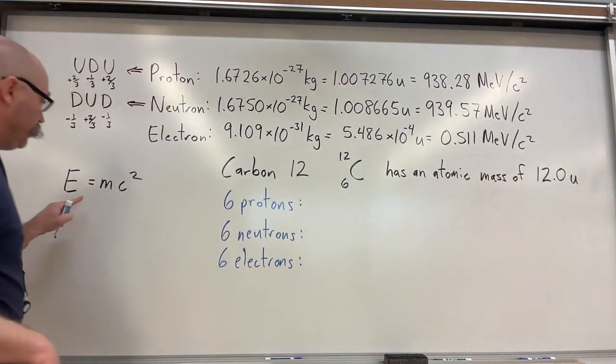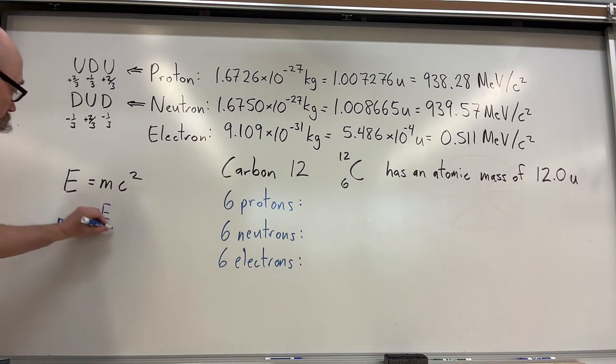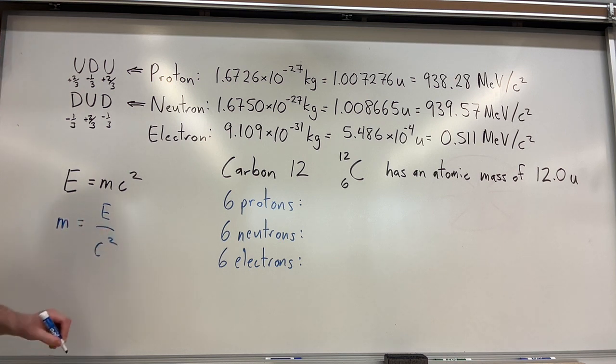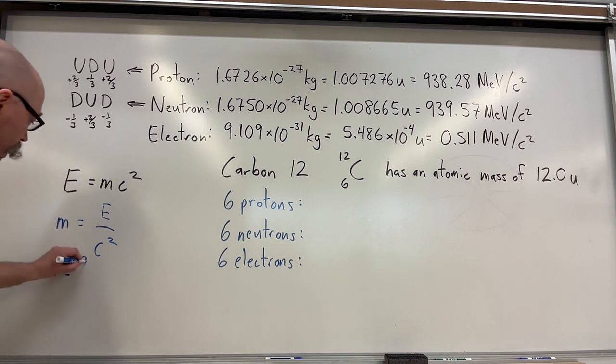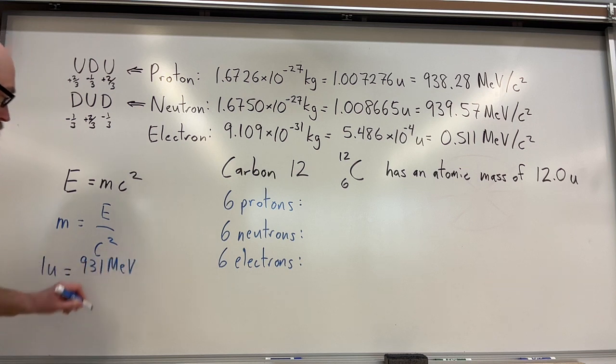Okay? Energy equals mc squared. Well, that means m equals energy over c squared. Well, that means if I do one atomic mass unit, or unified atomic mass unit, that's going to equal 931 mega electron volts.